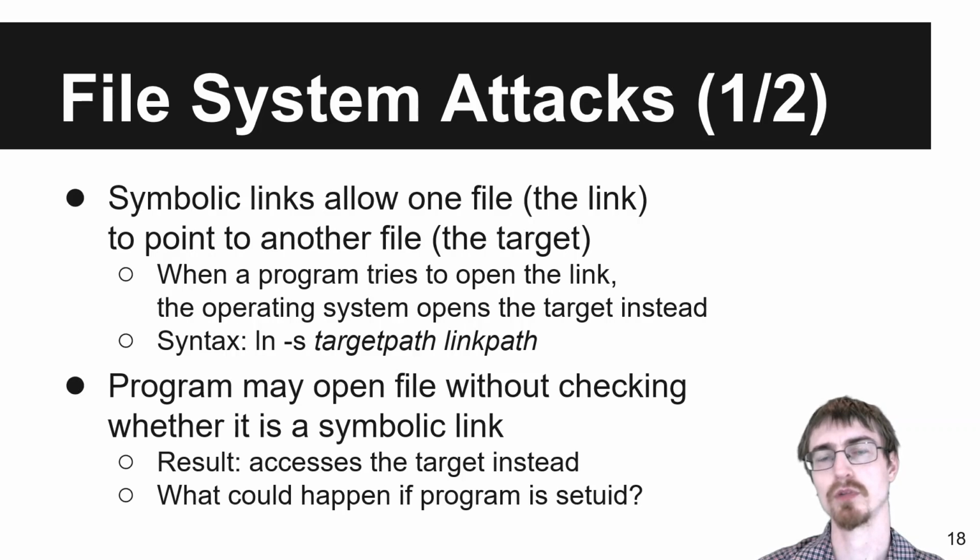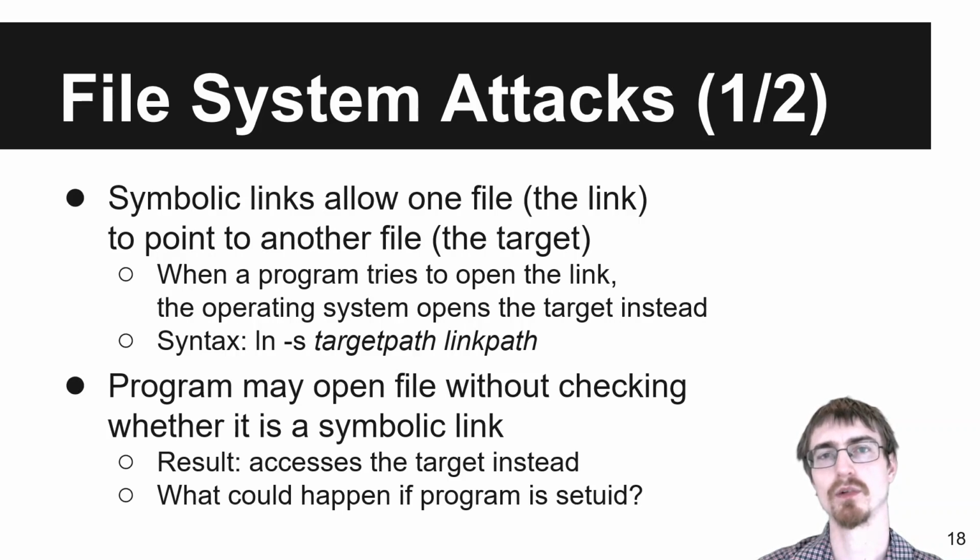So it's possible for the program to modify or to read a file that wasn't intended to be written or to be read by the setuid binary, simply because it's now in another place, where in principle, if it were a local file there, it would be allowed to do these things.